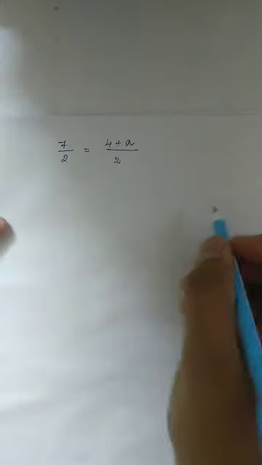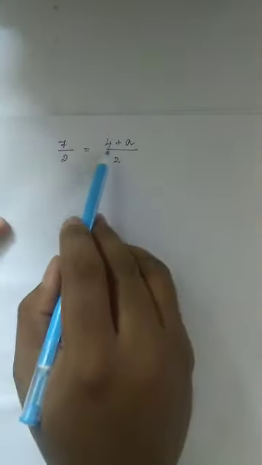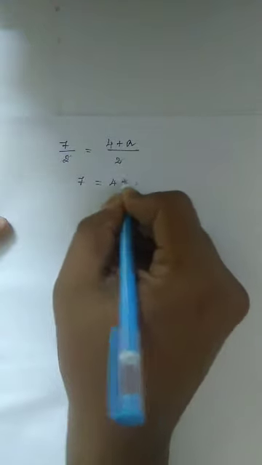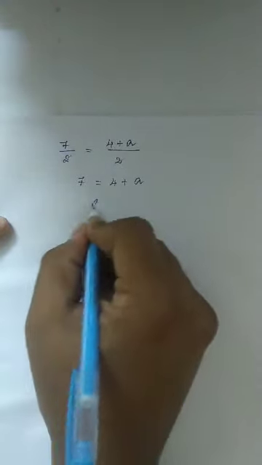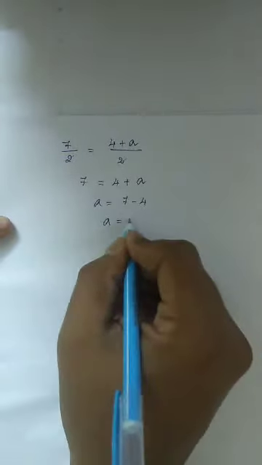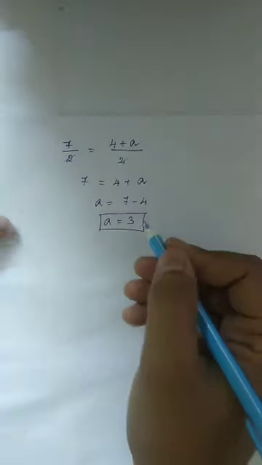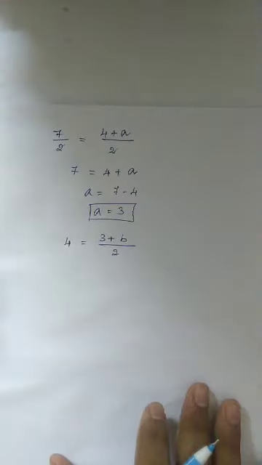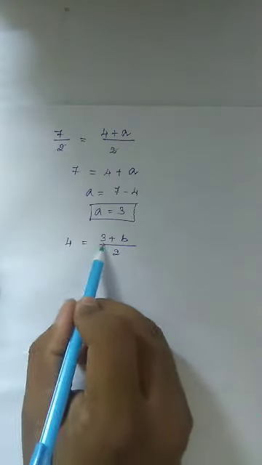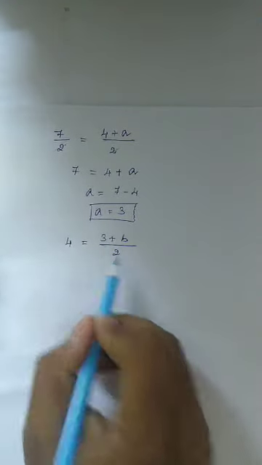Equating the x parts, 7 by 2 equals 4 plus A by 2. We can directly cancel the denominators, so 7 equals 4 plus A. So A equals 7 minus 4, A equals 3. Now equating the y part, 4 equals 3 plus B by 2.